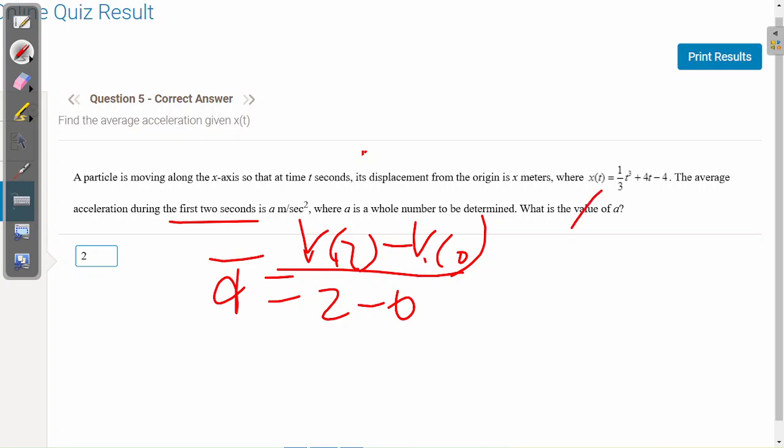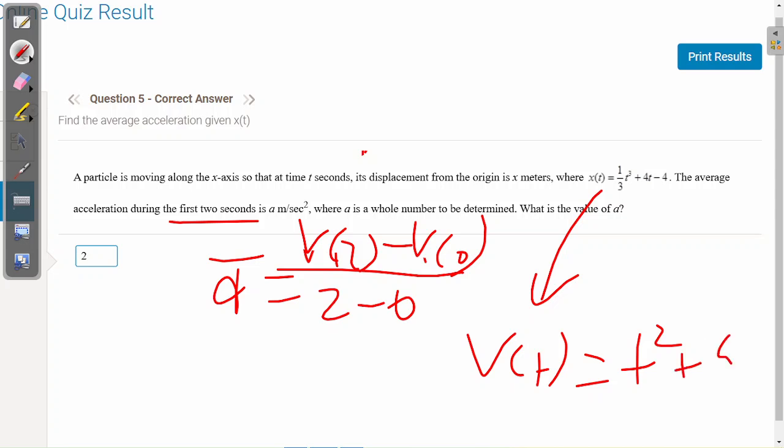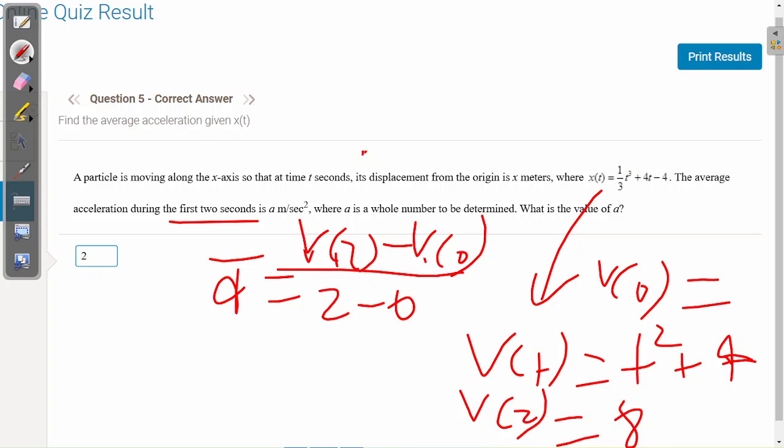So derive this: v(t) equals 3, bring it down, 3 times 1 over 3 is 1, so it will just be t squared plus 4t becomes 4, and negative 4 will not be there. So v2 is 2 squared, which is 4, plus 4, which is 8. Then v0 is 0 squared, 0, plus 4 is 4.